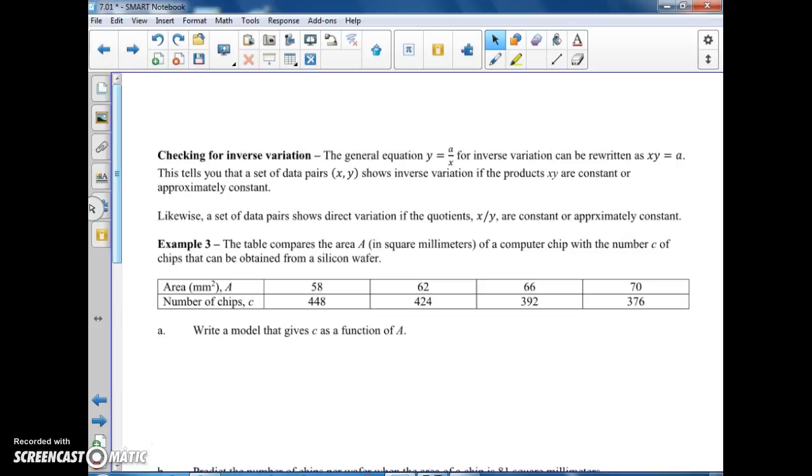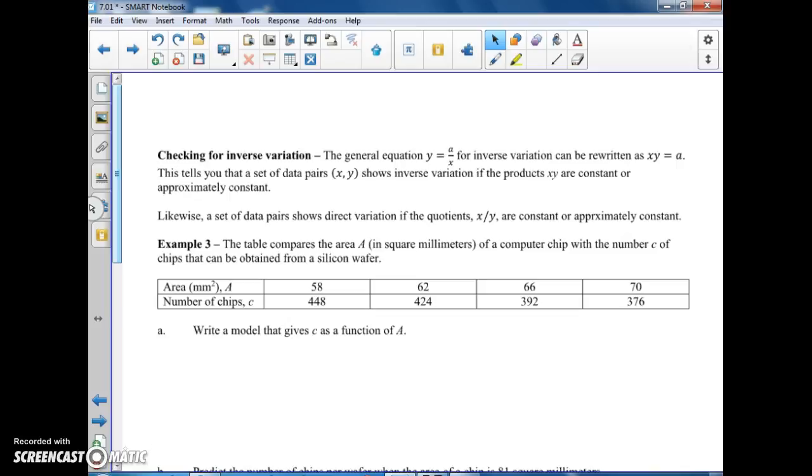Likewise, a set of data points shows direct variation if the quotients X divided by Y are constant or approximately constant. Okay, this is example 3. The table compares the area A in square millimeters of a computer chip with the number C of chips that can be obtained from a silicon wafer.